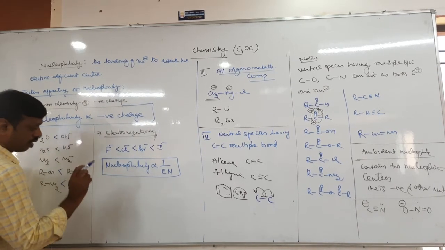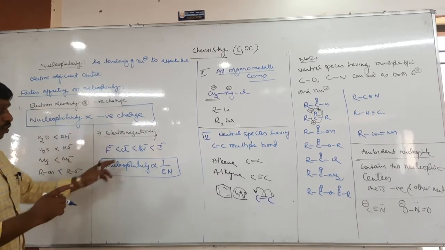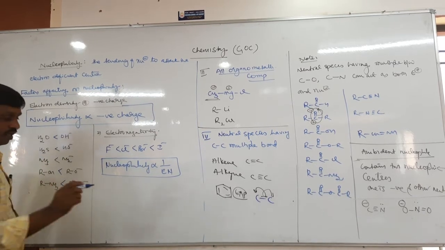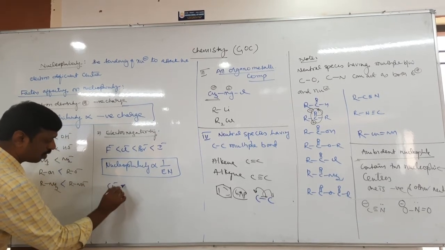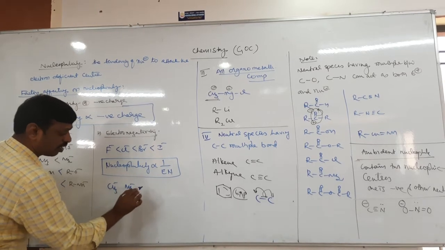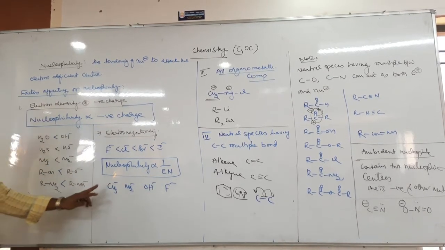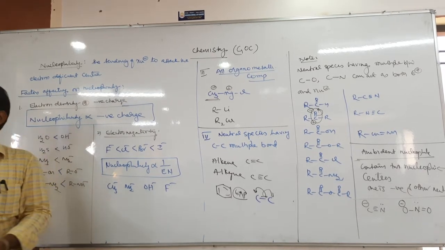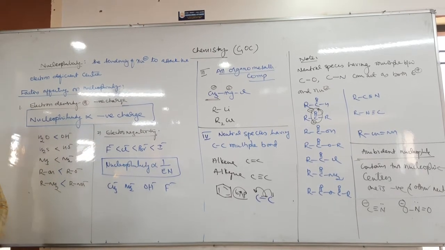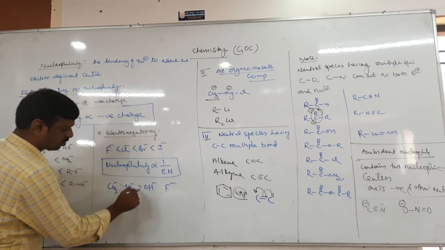Now for example, that was in a group. In a period, let us take carbon, nitrogen, oxygen, fluorine. Okay, so what happened? From carbon to fluorine, electronegativity increases, then nucleophilicity decreases.